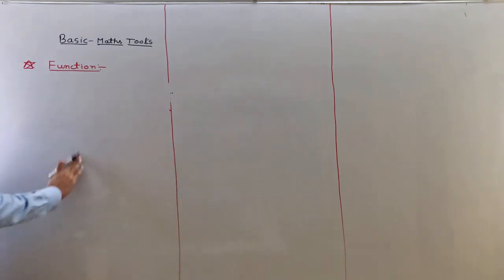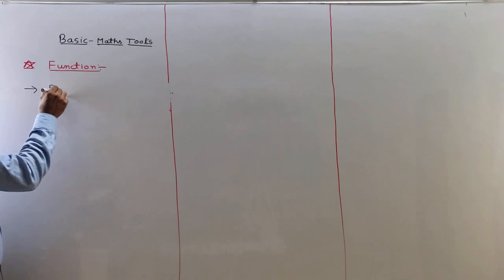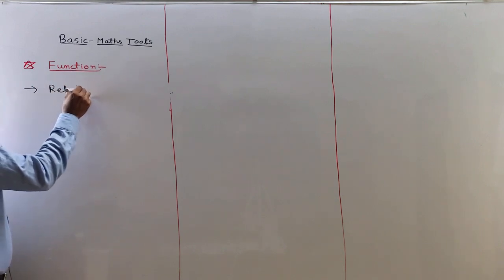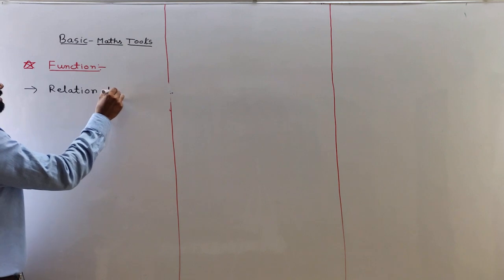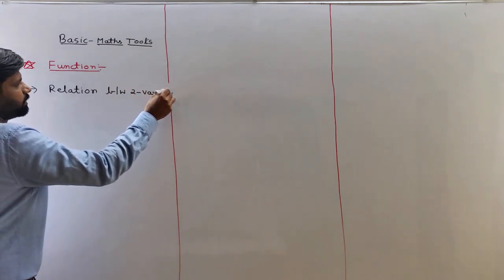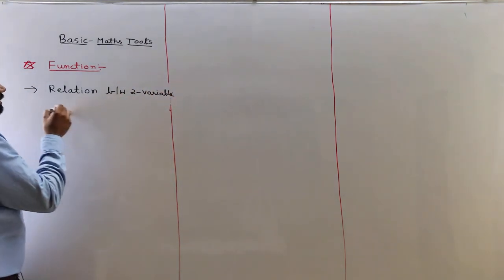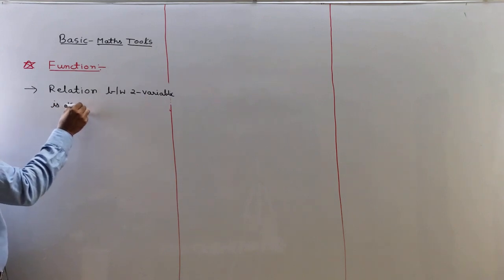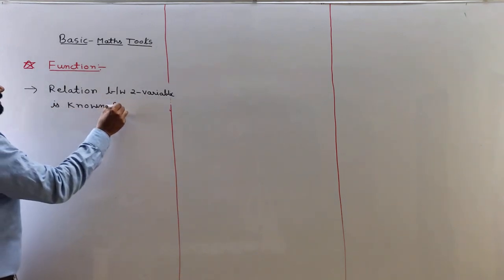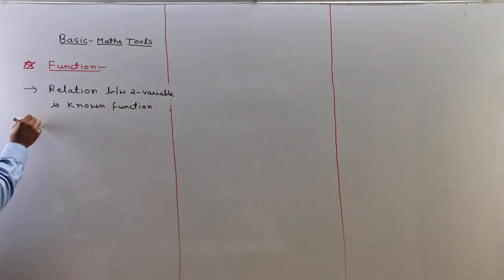So what is a function? A function is nothing but a relation between two variables. Relation between two variables is known as a function. Let's take an example to understand what a function is.